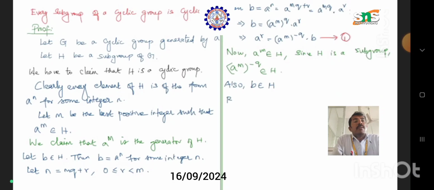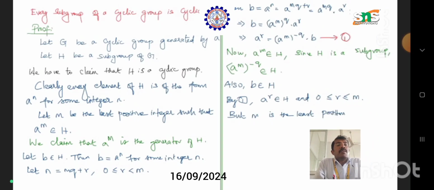Also we know that b is an element of H. We have earlier taken b belongs to H, and b is equal to a power n. So from equation number 1 we can say a power r belongs to H, since the right hand side belongs to H, where r lies between 0 and m.